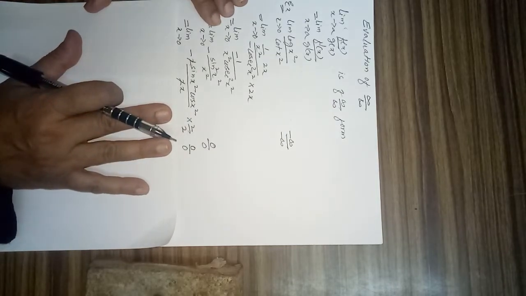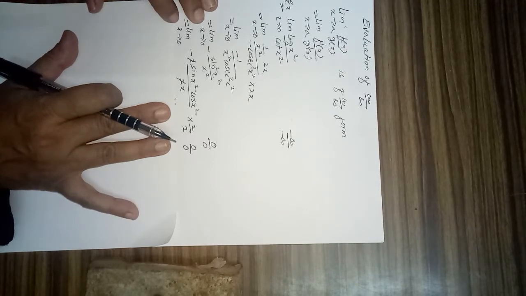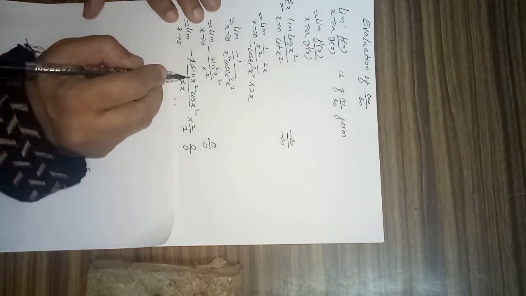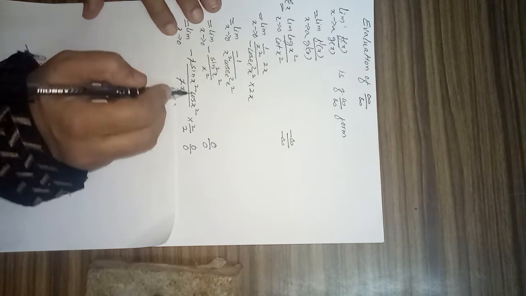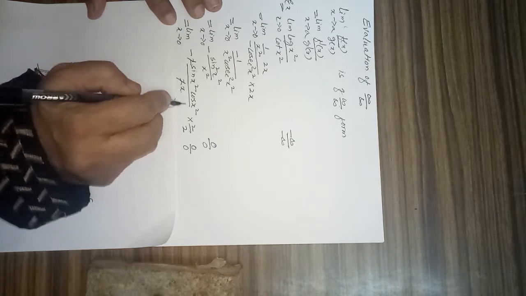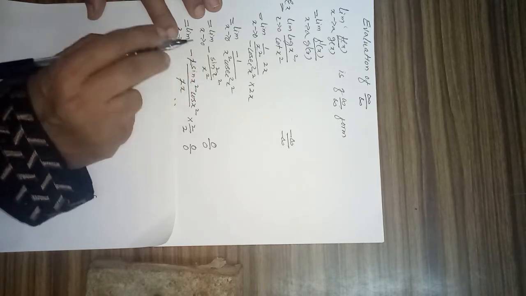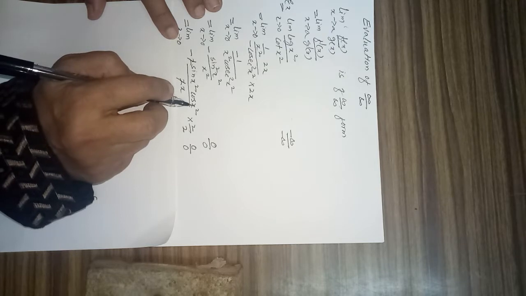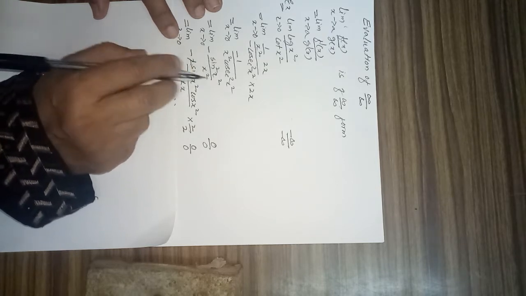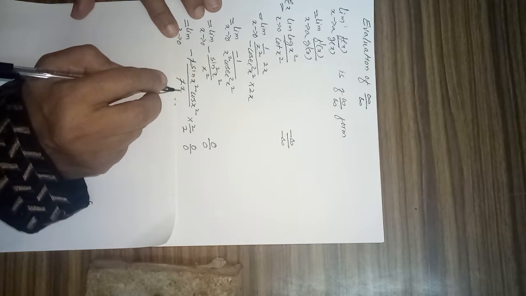Hence we cannot substitute, it is indeterminate, therefore we have to make a little simplification. This is equal to minus sine x square cos x square divided by x, this is the derivative of numerator, minus 2 sine x square cos x square, divided by the derivative of x square, which is 2x.